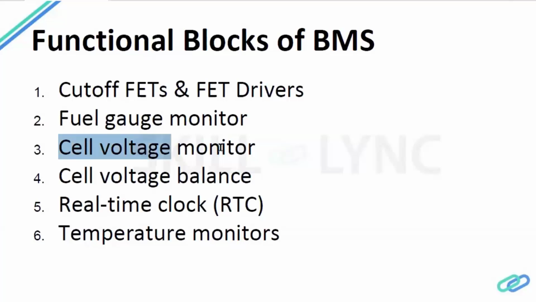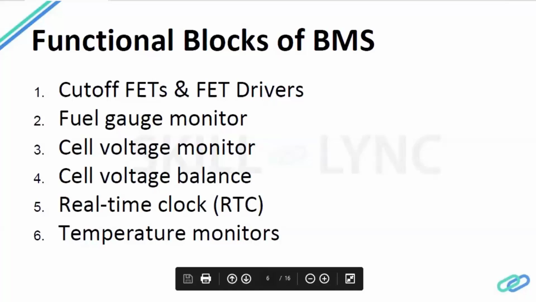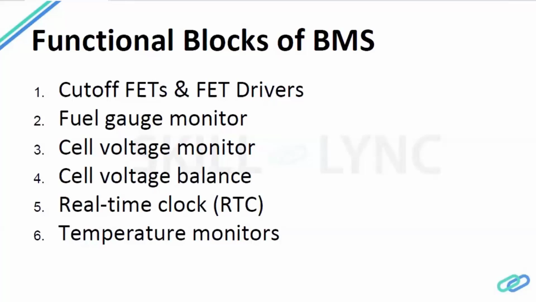There would be a cell voltage monitor, because as I told you, we can't overcharge or over-discharge the lithium ion cells, so we need to constantly monitor the voltage and check whether it is inside the threshold or not.